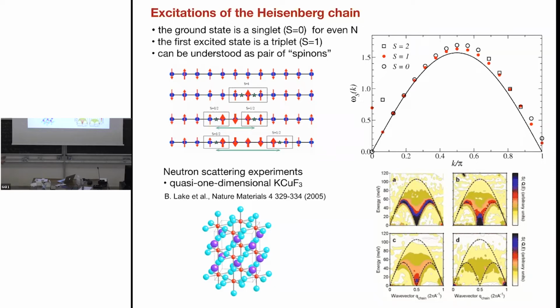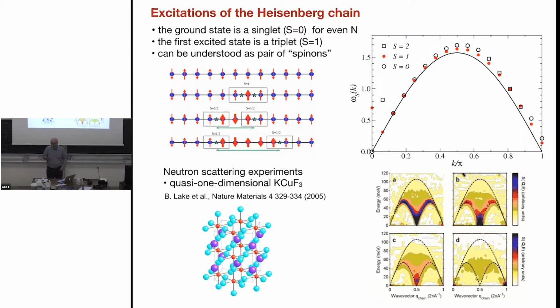It's neutron scattering. So let's not worry exactly how that works if you don't know about it. But basically it measures the spectral function of the SZ operator, let's say, which has support in some region shown by this coloring in the experiment, where these spinons give spectral weight.